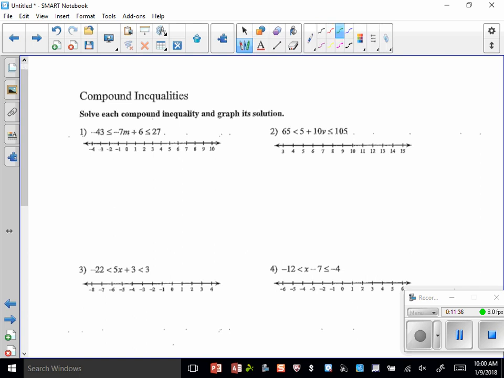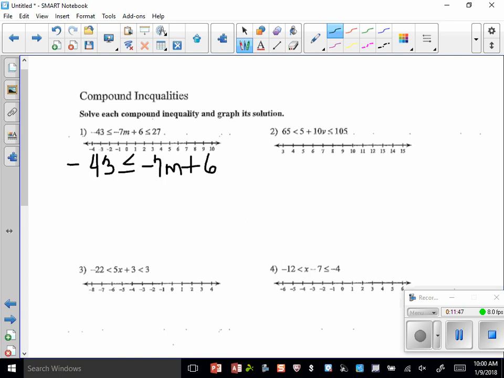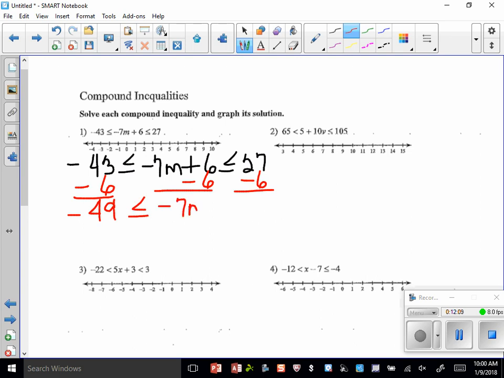I'm going to rewrite it under the problem here. I'm going to subtract 6 from all sides. That's going to give me a negative 49 on the left, and this gives us 21.